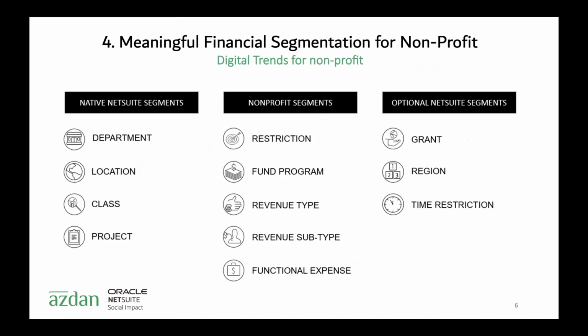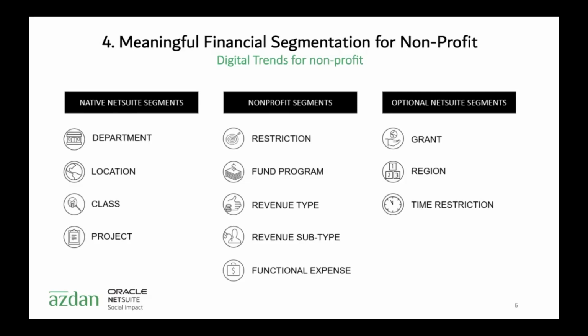There is also another important trend that the majority of non-for-profit organizations look at these days, which is related to how the business will be segmented to serve non-for-profit organizations. We know that commercial organizations are always looking to classify their business according to the legal company or according to different classifications of departments, locations, classes, projects, which we call the traditional segments for any business.